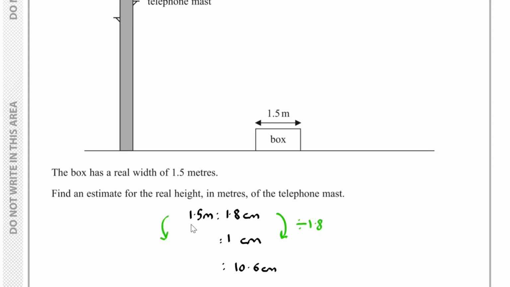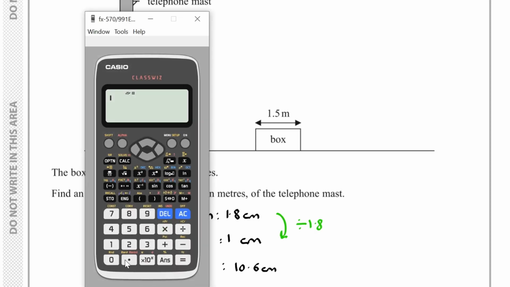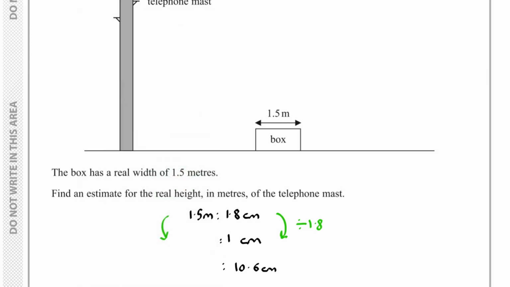So 1.5 divided by 1.8, you'd find that to be 5/6. So 1 centimeter would represent 5/6 meters, and then to go from the 1 centimeter to the 10.6, we would have to multiply by 10.6.